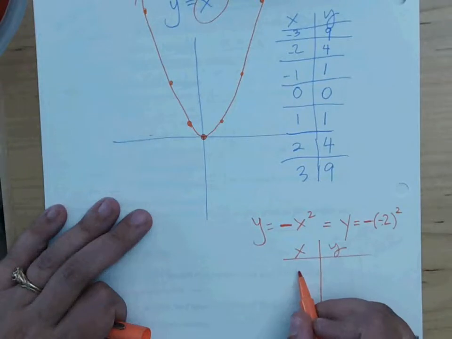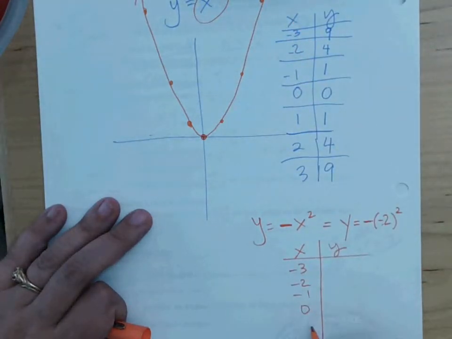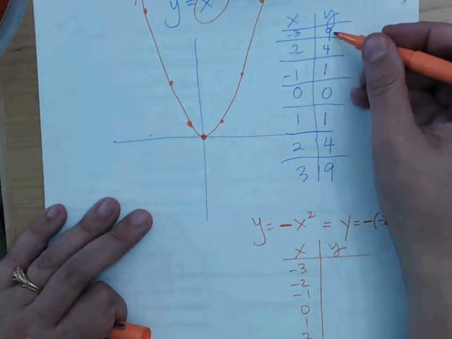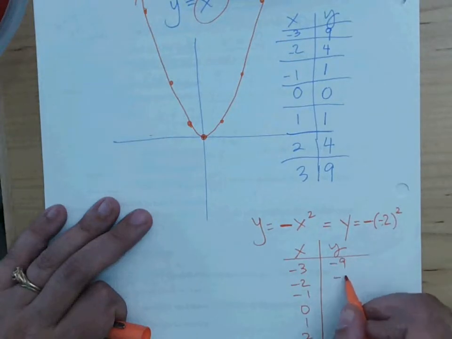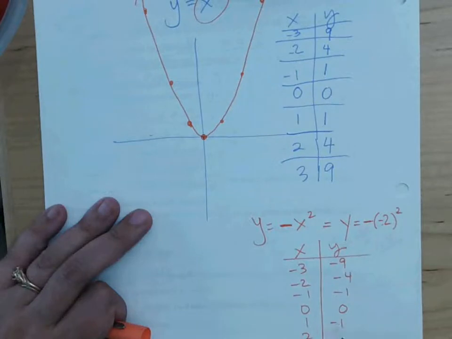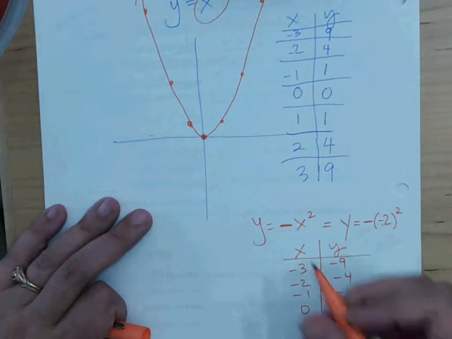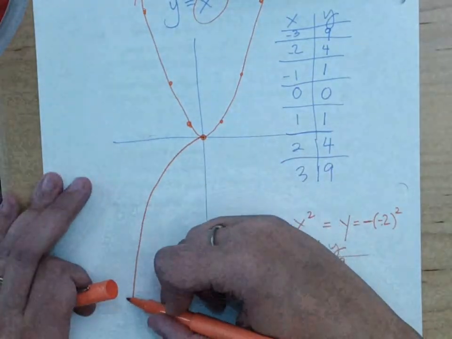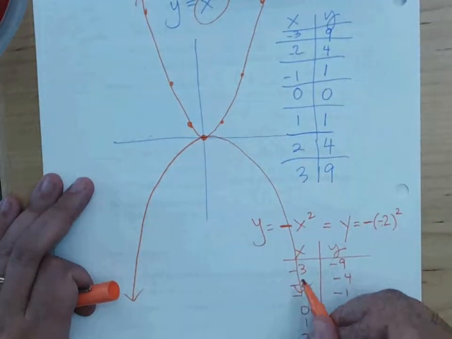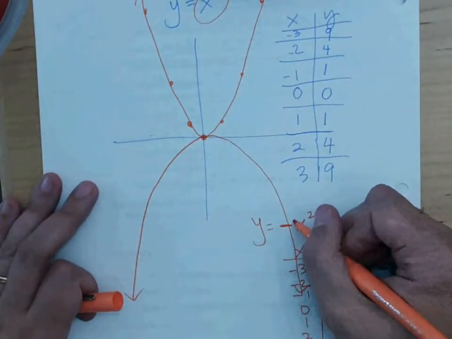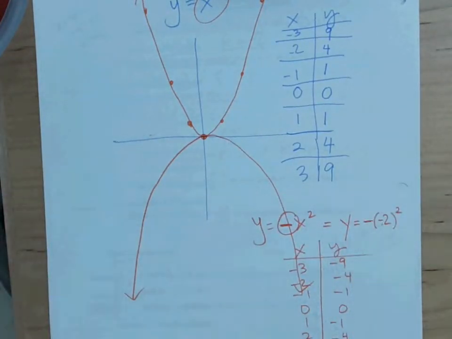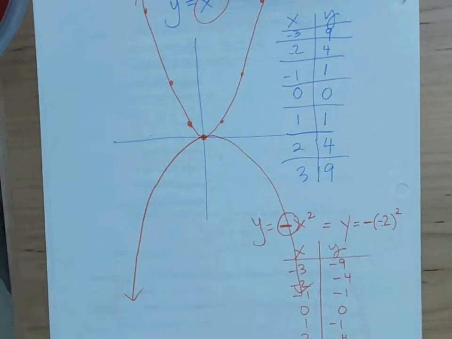So you would get the opposite of those values: -1, -4, -9, -16. You would get the exact same shape, but it would frown because of the negative in front. That's a lot of the problems we did, like throwing the ball.